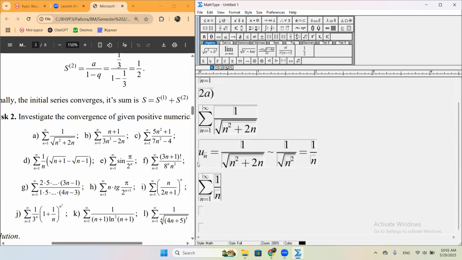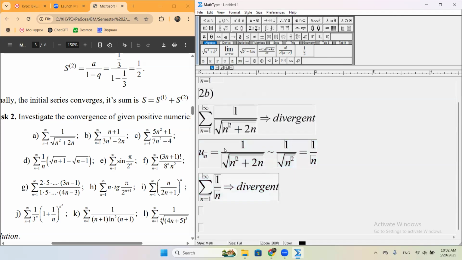So it is equivalent to the nth term of the divergent harmonic series. We know about it, and it means that the initial series diverges as well. So any questions about this exercise? Okay, if no questions, let's move next.